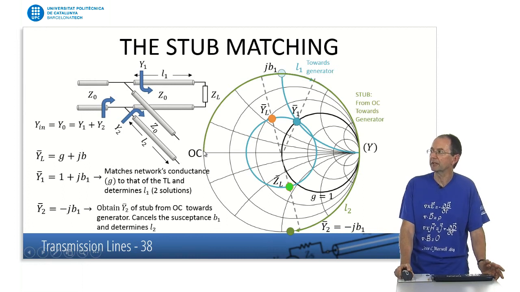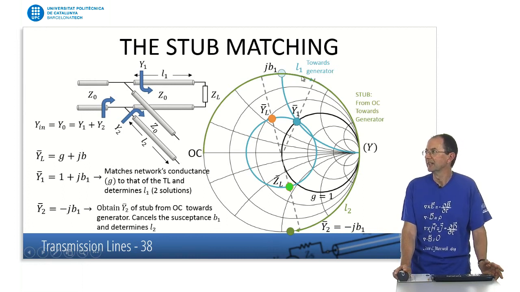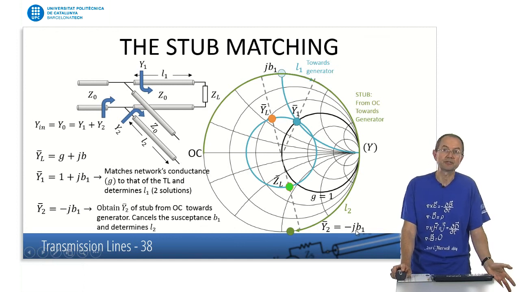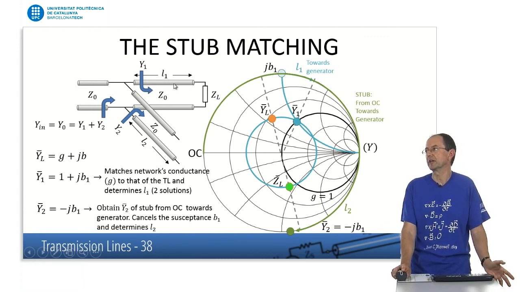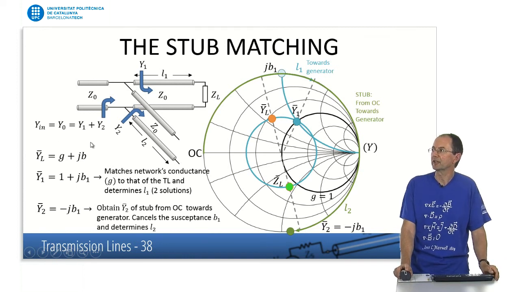Let's determine the length. We make the L2 length of the stub line the correct length in such a way that we get the imaginary part which we desire. Now, the imaginary part offered by this stub at the input is just cancelling the imaginary part at the input of the first segment of the transmission line.